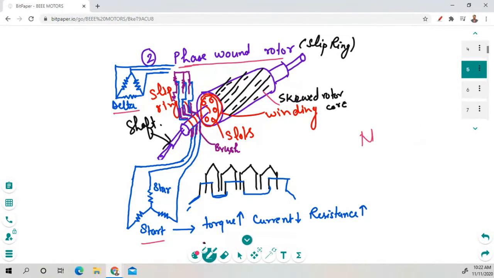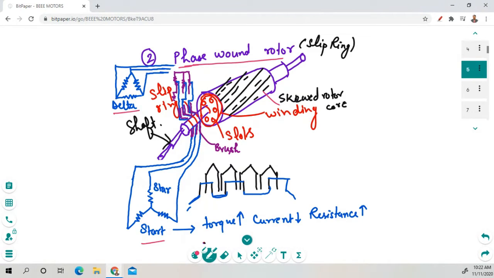Right now we are studying the different parts of an induction motor. We have seen that these conductors are connected in this rotor part, and in these conductors there are some grooves.